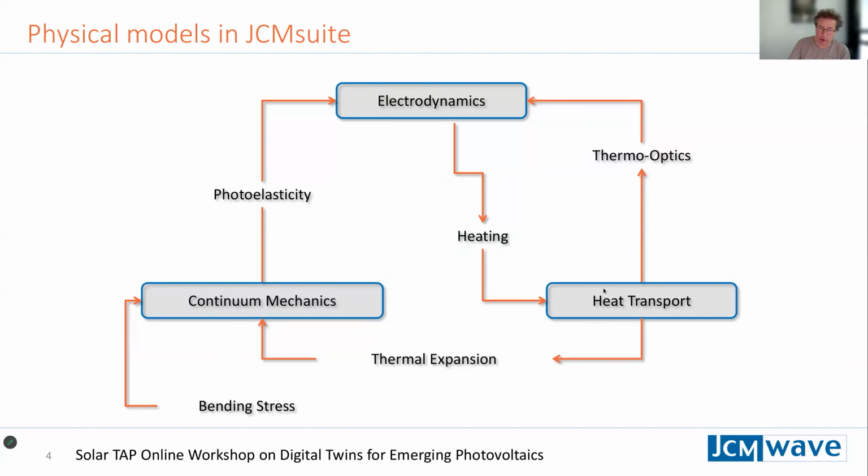We have also heat transport solvers, so you can, for example, model that the light field in your device heats up your sample or your device, and this then leads to thermal expansion, which can lead to bending or to stress. And then via photoelasticity, this changes the optical properties again, so you can easily build loops here for self-consistent simulation of multi-physical devices.